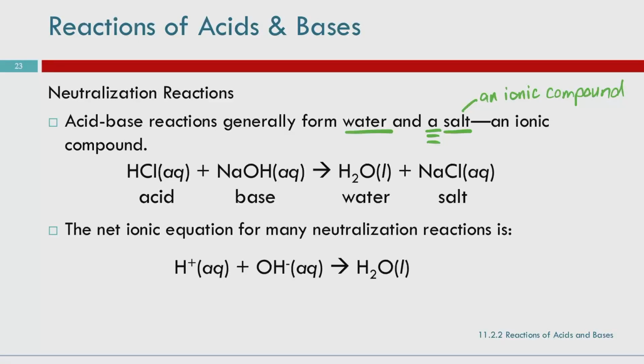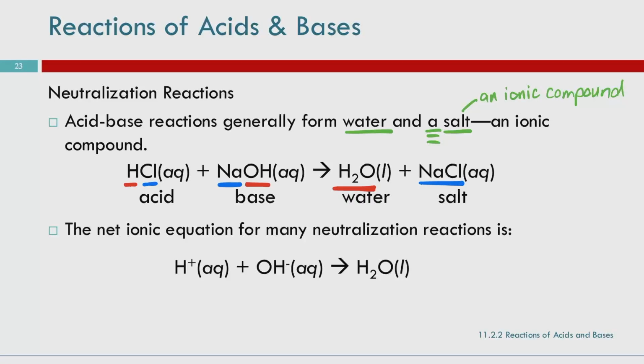So for example, in the reaction with HCl, hydrochloric acid, and sodium hydroxide, our acid and base respectively, the H and the OH go to form H2O, water. The Cl− and the Na+ go to form NaCl. In this case, that's salt.